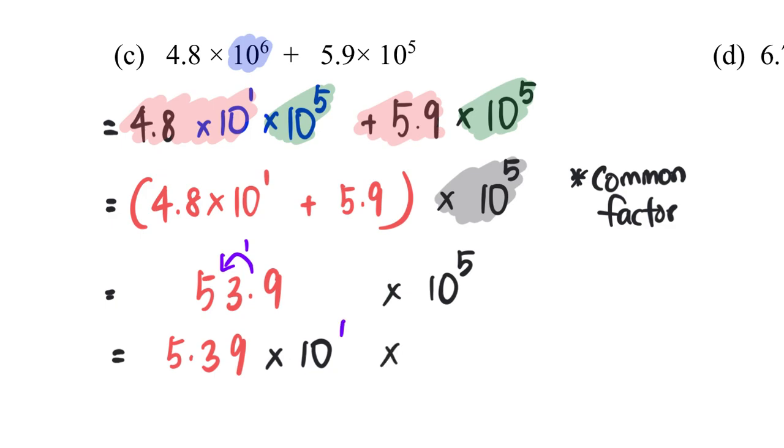Still got my 10 to the power of 5 down there. And so finally, you will get the final answer as 5.39 times 10 to the power of 1 plus 5 will be 6. And that will be the standard form for part C.